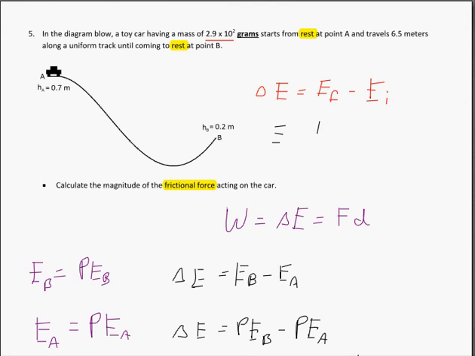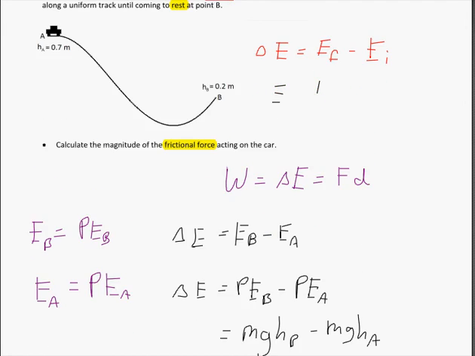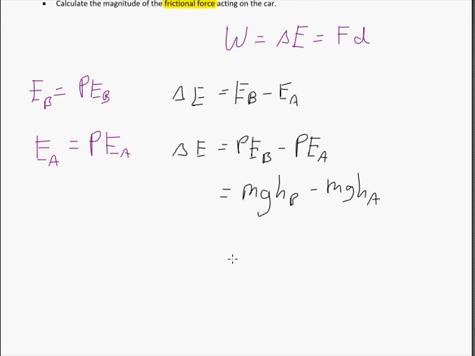And it's in grams, so you have to be very careful. I'm going to convert it in my head real quick. 0.29 kg. And if you want to, you can combine like terms here. 9.81 meters per second squared. So these are my like terms. Do you see that? So I can rewrite this as mg times (hb minus ha).